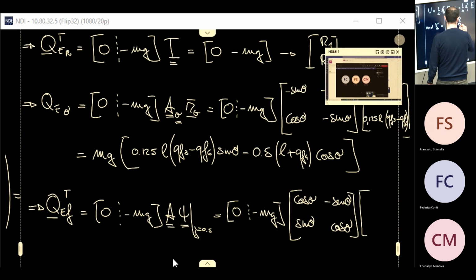applied over 0, 0.5, 0, 0.125L, 0, minus 0.125L.